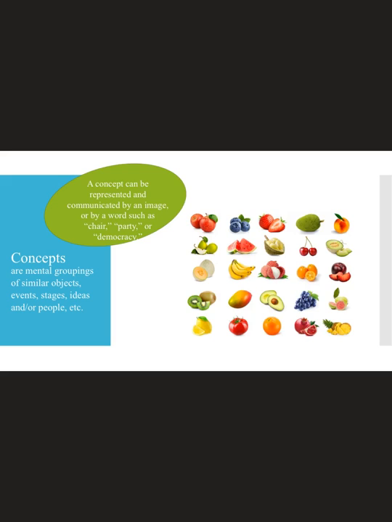Basically, a concept is a mental grouping of similar objects, events, stages, ideas, or people. It can be represented and communicated by an image or a word such as chair or party or democracy, or in this case, fruit. Some of our schemas include things like avocados.